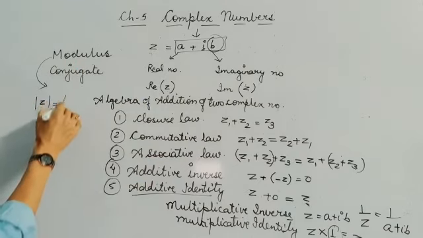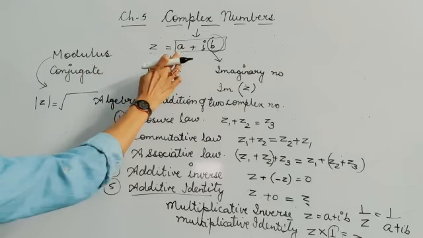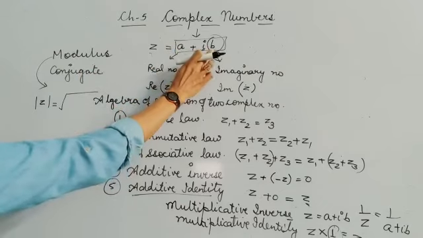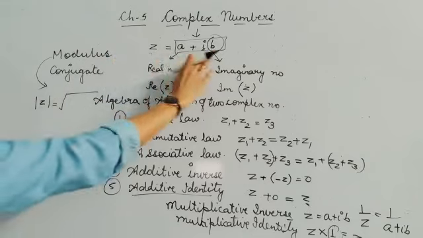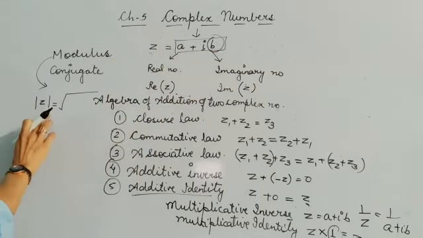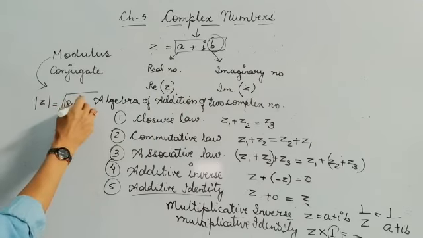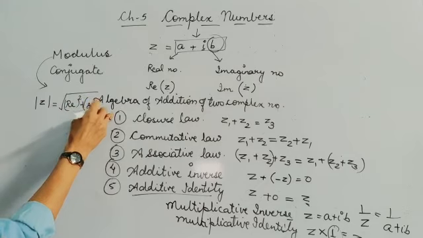That means you need to find the sum of squares of your real part and imaginary part. So if this is the complex number and you want to find the resultant of this complex number, then it will be real part square plus imaginary part square.